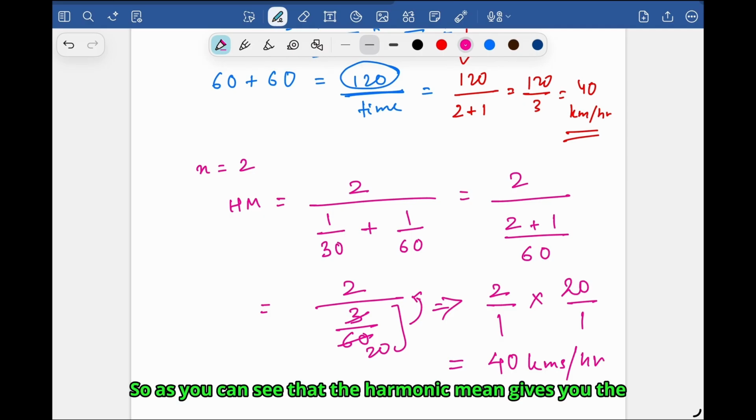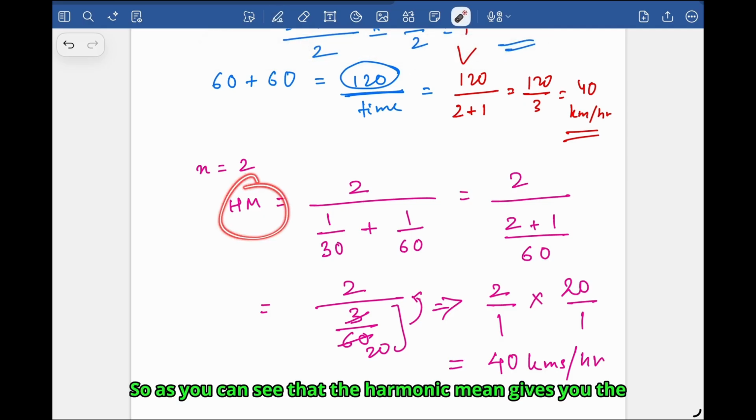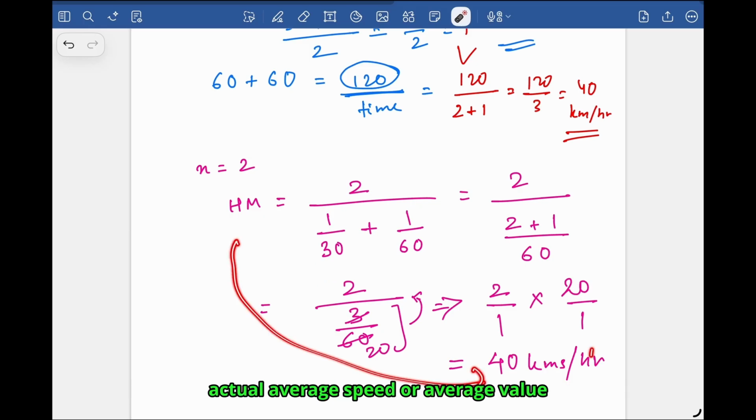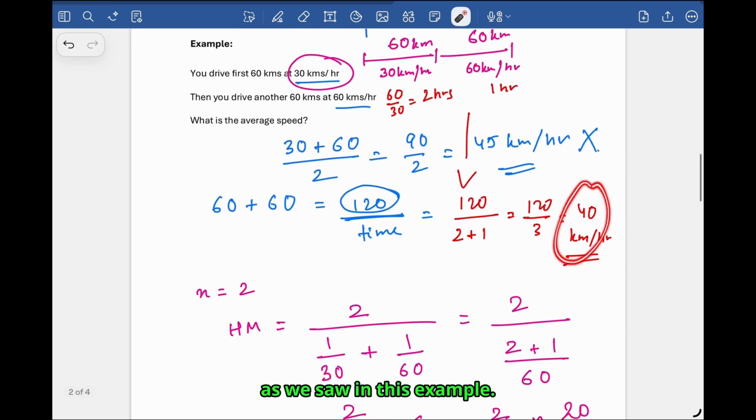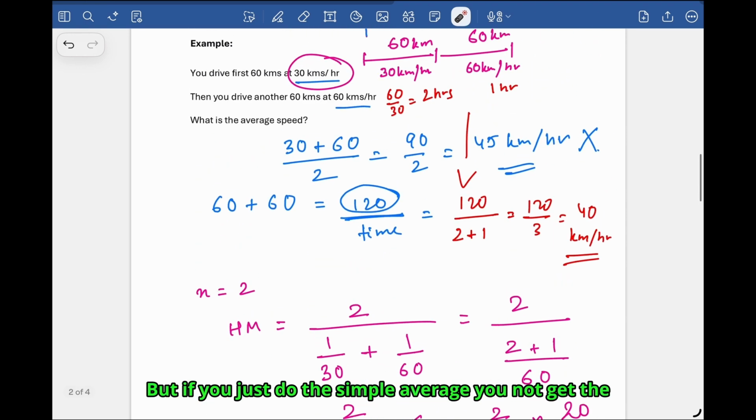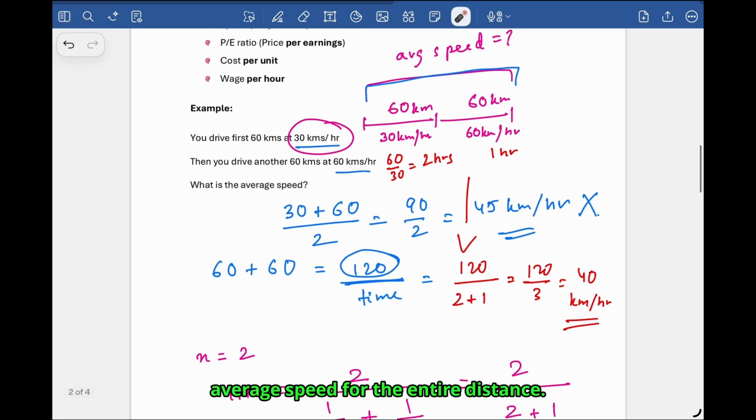So as you can see, the harmonic mean gives you the actual average speed, as we saw in this example, right? But if you just do the simple average, you'll not get the average speed for the entire distance.